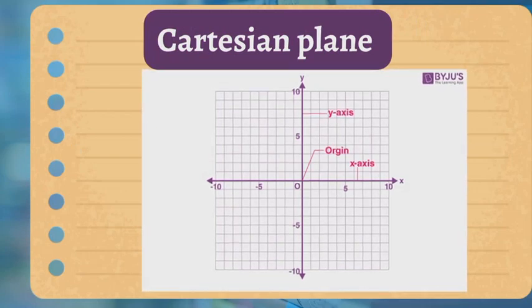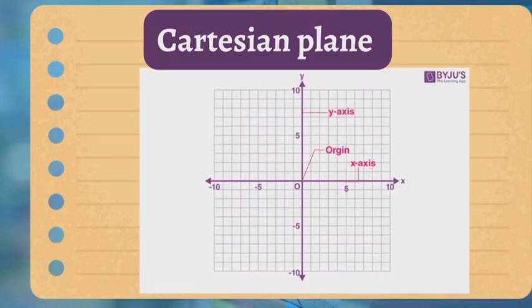Now, let's take a look at the Cartesian plane. The vertical line, as we can see there, which is represented by y, is the y-axis. The horizontal line, that's the one that is lying, is the x-axis. And the point where the two of them intersect is called the origin, represented by 0.